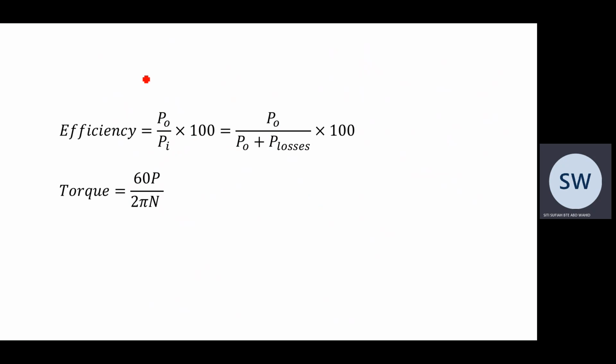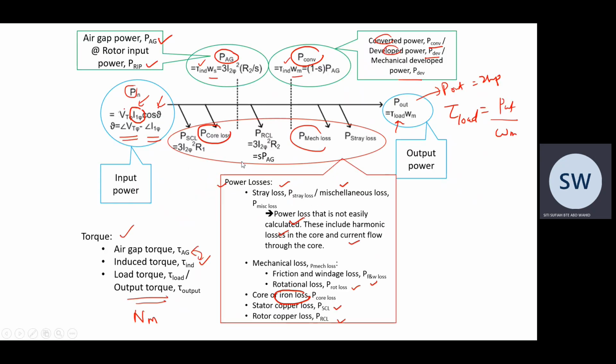Okay, as for the performance of the induction machine, usually we will be asked to calculate power based on the power flow diagram, and also calculate current based on the equivalent circuit. And the last one is to calculate efficiency. Efficiency equals P out over P in times 100. From where do we get P out and P in? If you can use the formula, go ahead, use the formula.